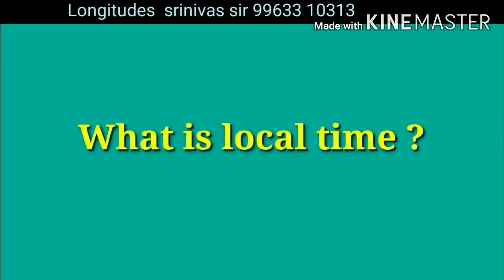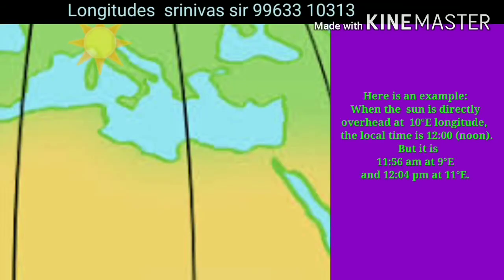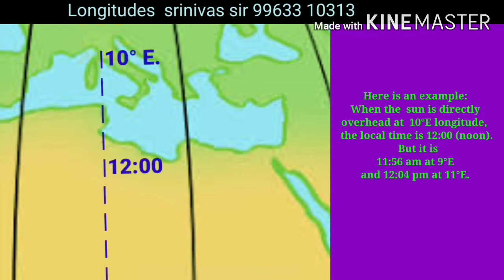What is local time? How do we calculate this? Local time is calculated at each longitude. It differs from one longitude to another. For example, when the sun is directly overhead at 10 degrees east longitude, then the local time is 12 noon.